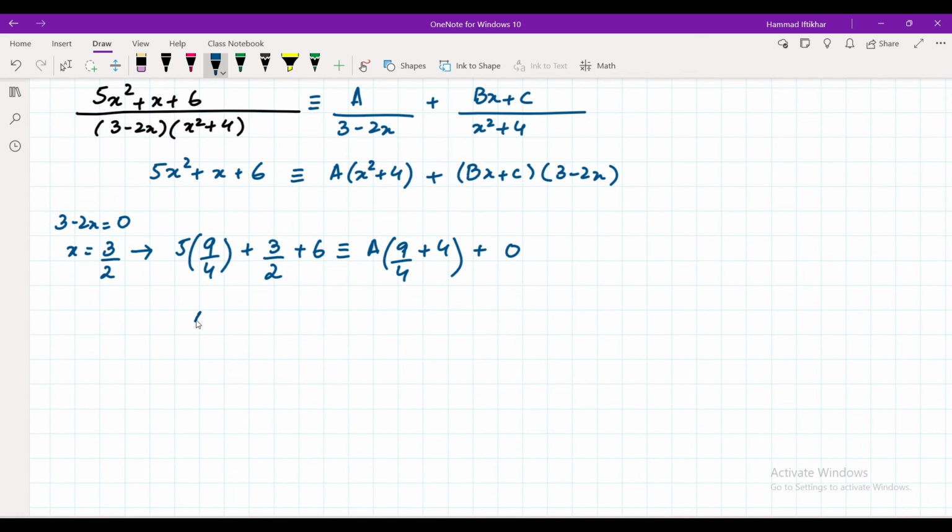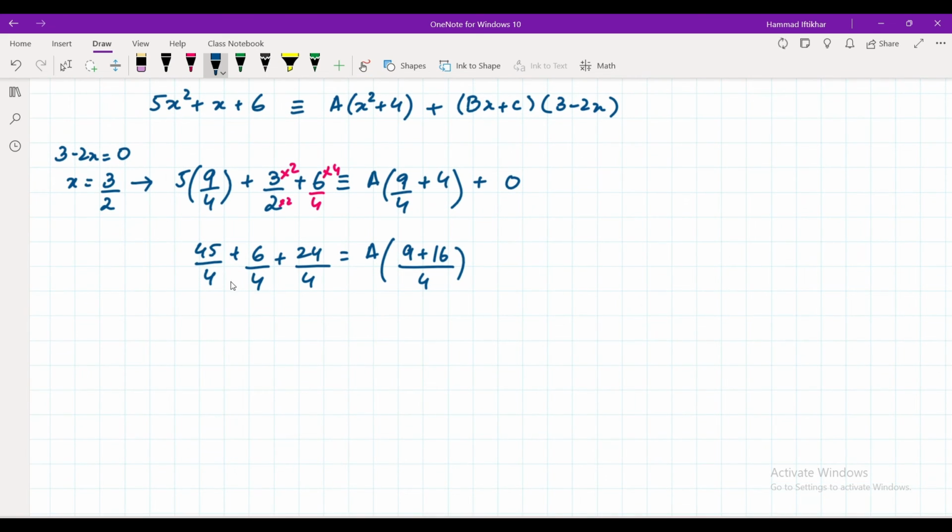So 45 over 4 plus, let's multiply the 2 by 2 over here. So 6 over 4 and 4 times 4, 24 over 4, which makes the denominator the same. And on the other side, let's do the same thing. So 9 plus 16.